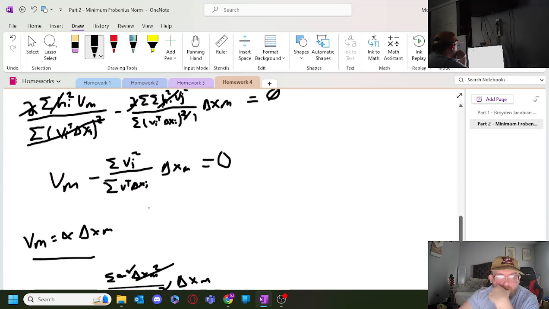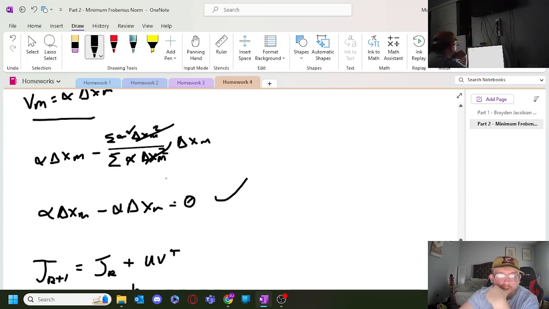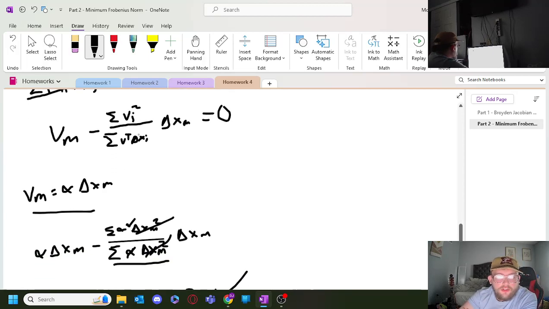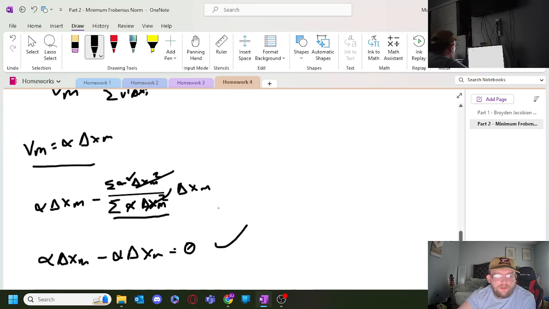So right here, this term v transposed, that means delta x is transposed here as well.